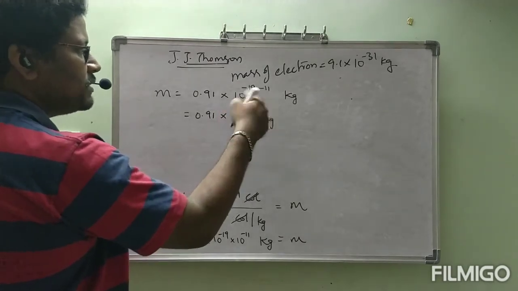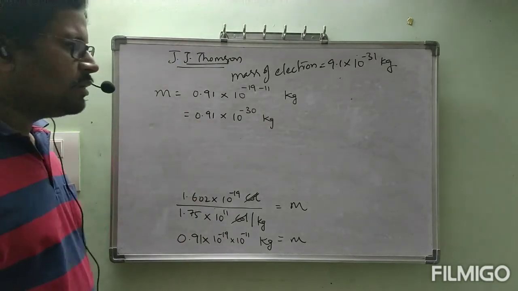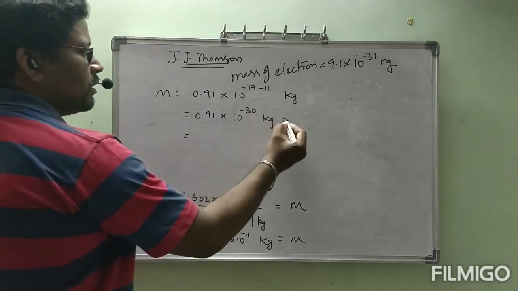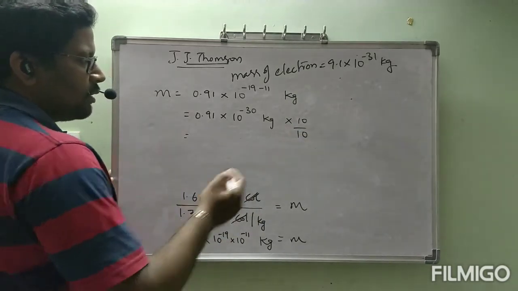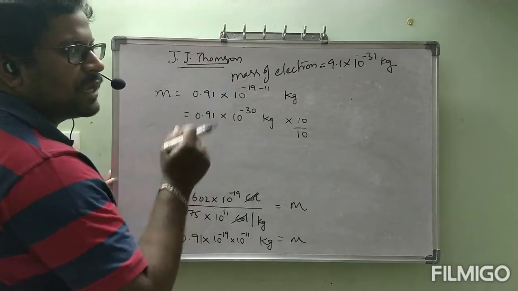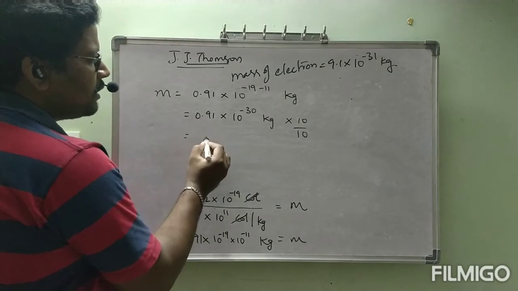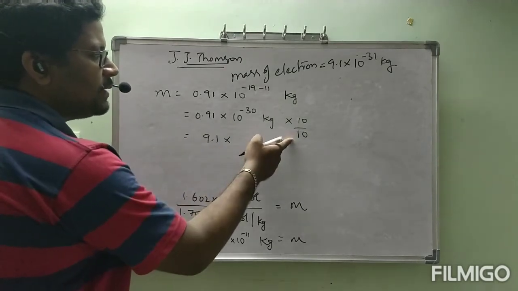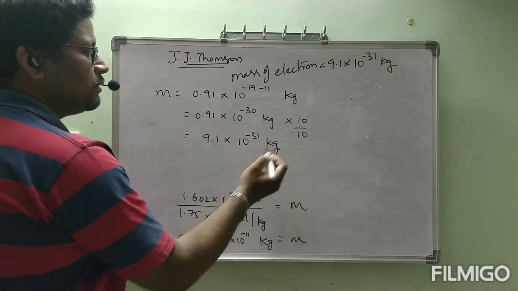Minus 19 minus 11 means both will be added and you will get minus 30 kilograms. Now multiply and divide by 10. When we multiply with the same number and divide by the same number, the value is not affected. Then 10 into 0.91 becomes 9.1, and the 10 comes to the denominator, giving 10 power minus 31 kilograms.